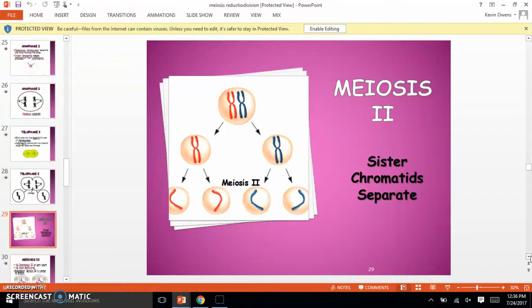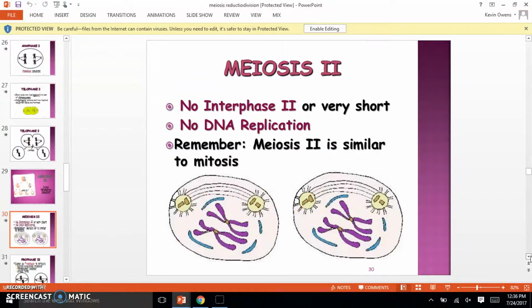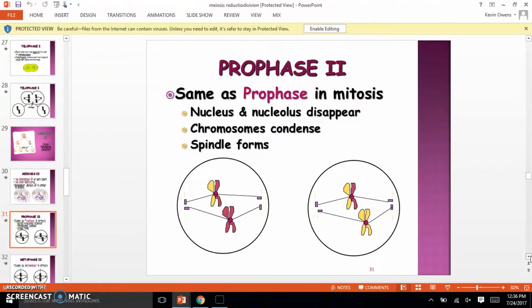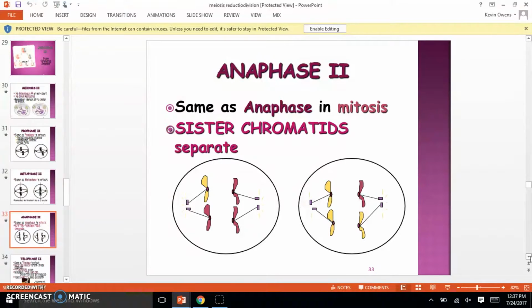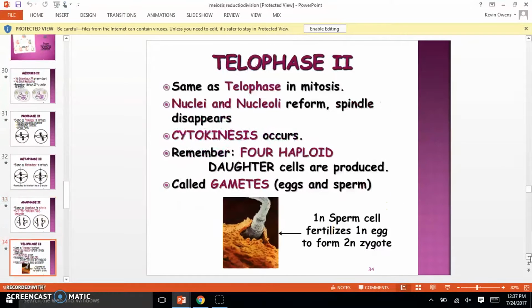Meiosis 2. No interphase 2, or it is very short. No DNA replication. Meiosis 2 is similar to mitosis. Same as prophase in mitosis. Nucleus and nucleolus disappear. Chromosomes condense, spindle forms. Same as metaphase. They line up in the middle and they will eventually separate during anaphase, like you see here.